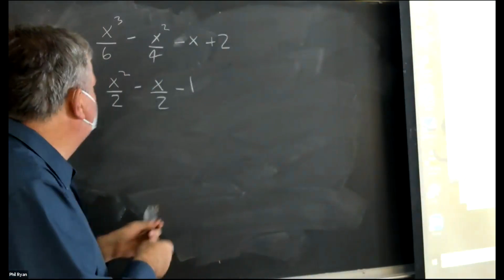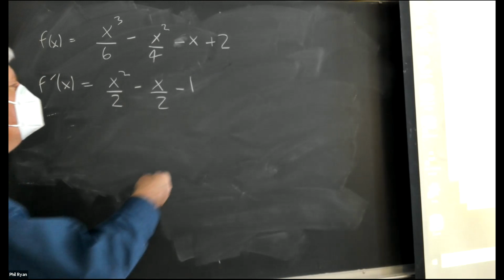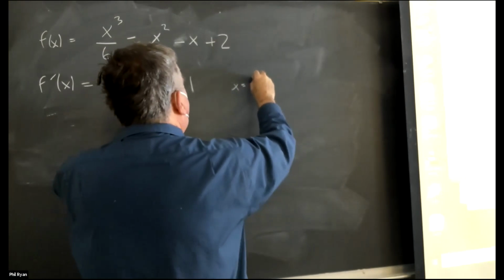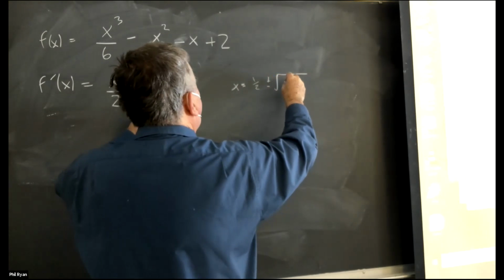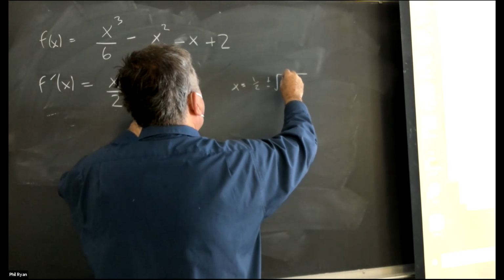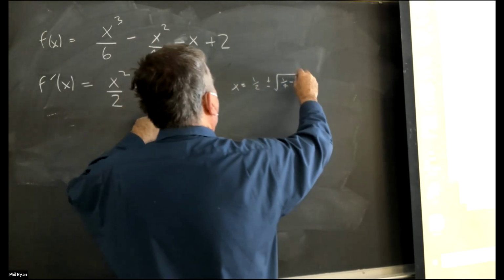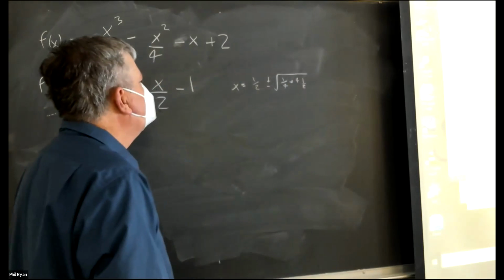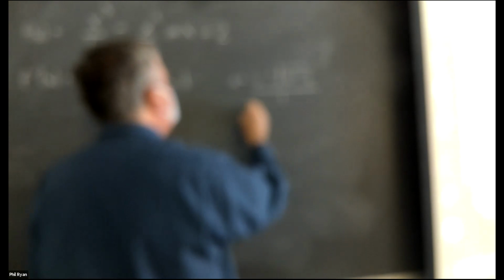Then we can go ahead and we can find critical points by using the quadratic formula. Okay, we'd have to use the quadratic formula. We do x equals a half plus or minus square root of minus a half squared is a quarter, minus 4 times a half times minus 1, divided by 2a, which is 1.